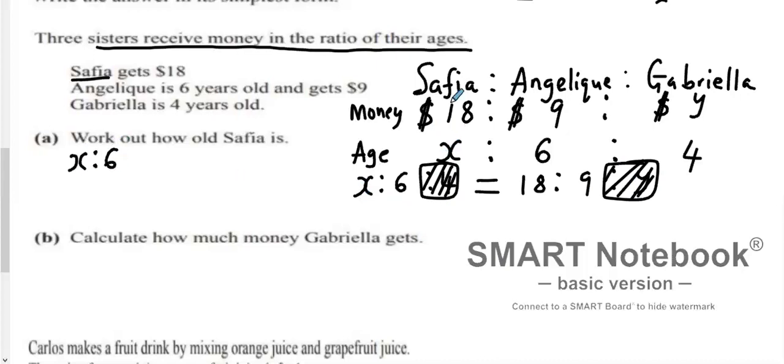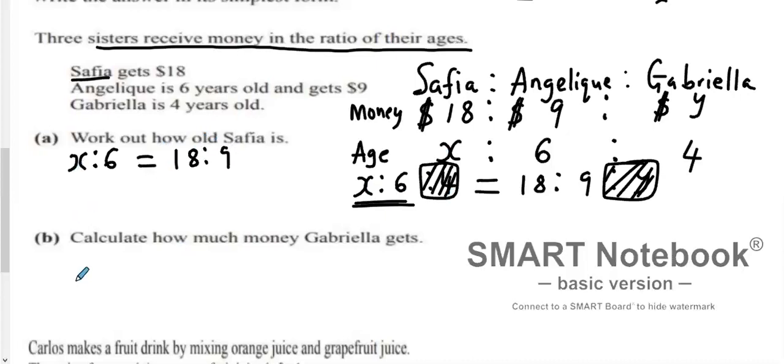Remember, X is the age of Safia. So X : 6 will be equal to 18 : 9.